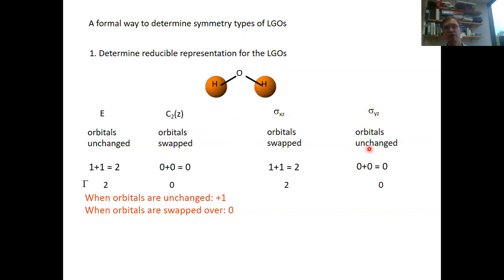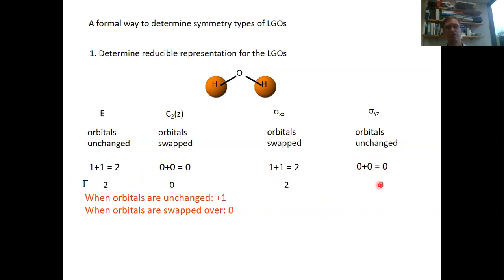So both orbitals are getting changed. Again, there is unfortunately a little mistake on the slide. Here the orbitals are getting changed. Therefore both orbitals get a character of 0, and that sums up to 0. So overall, our reducible representation is 2, 0, 2, 0.